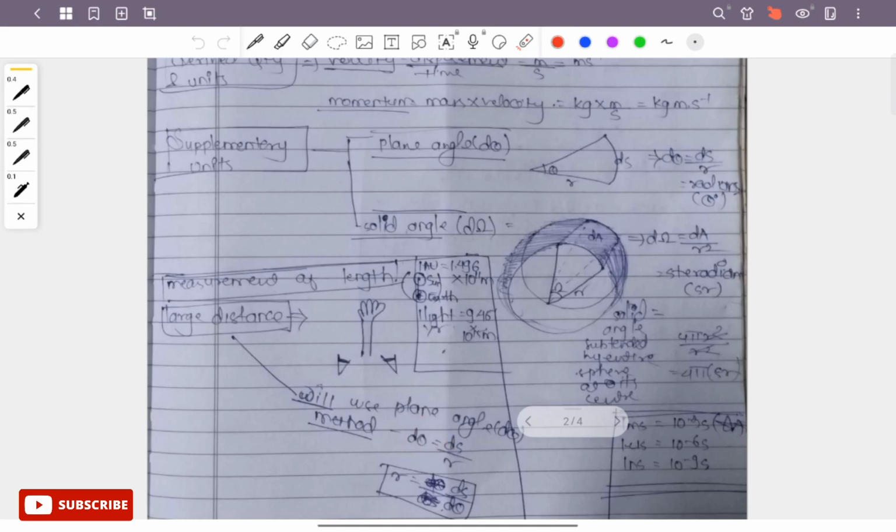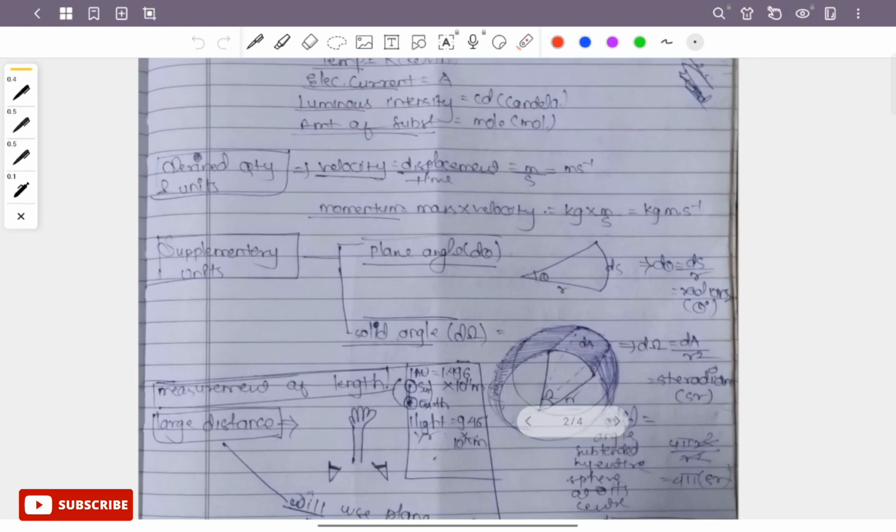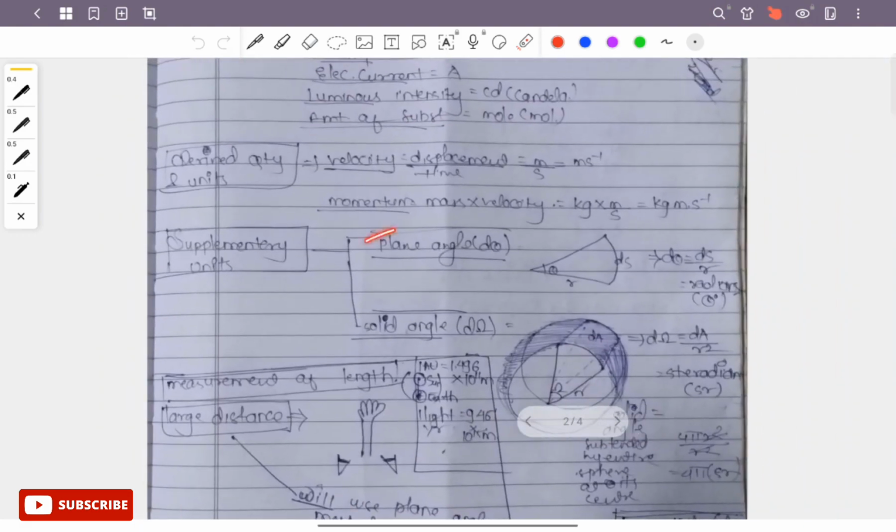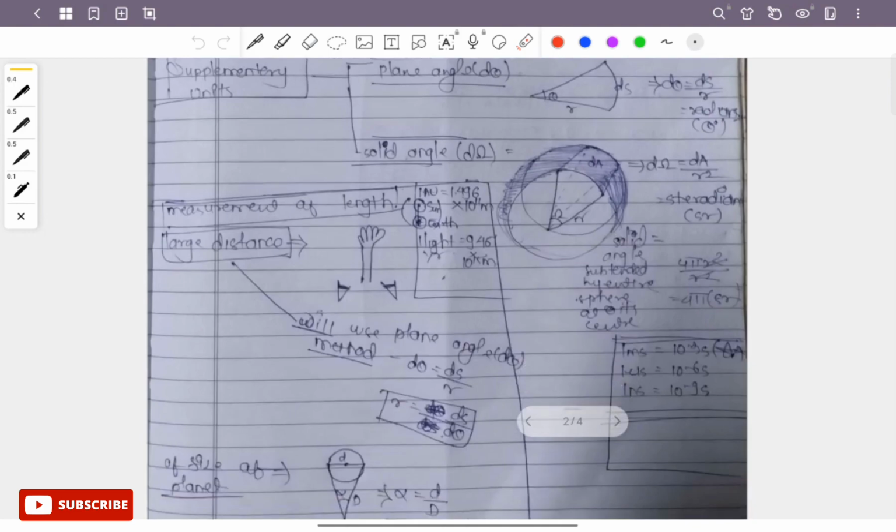It is the same as the plane angle formula, which we have already studied. This same formula we're going to use here.